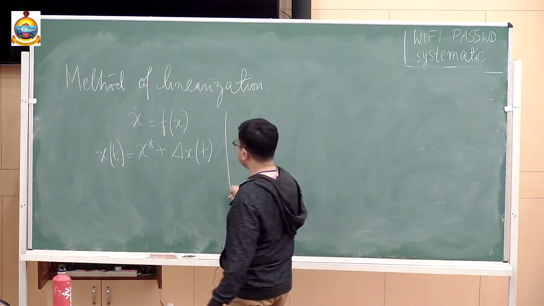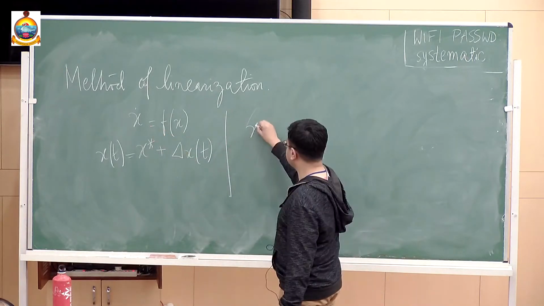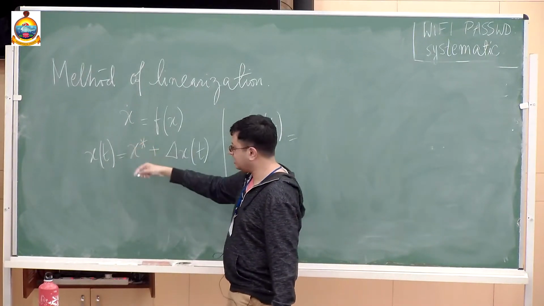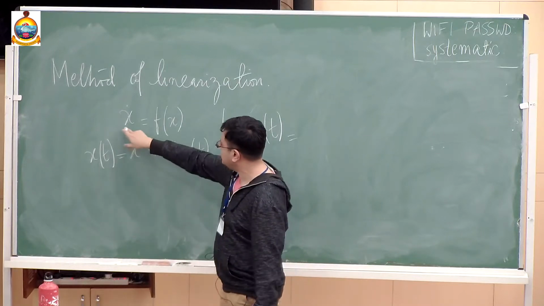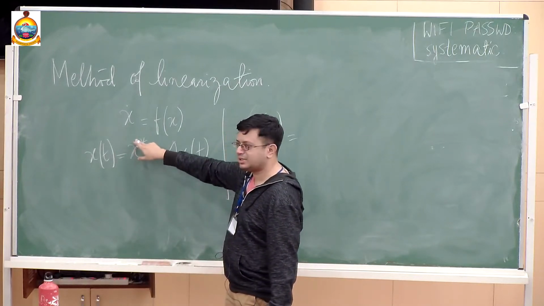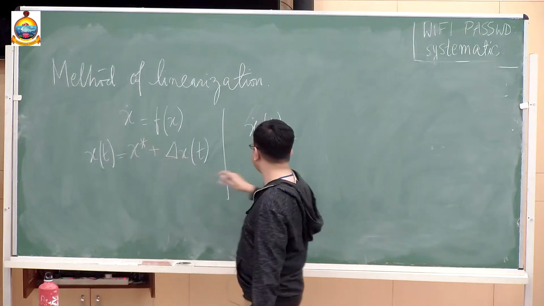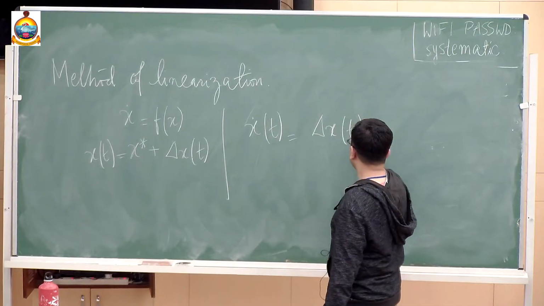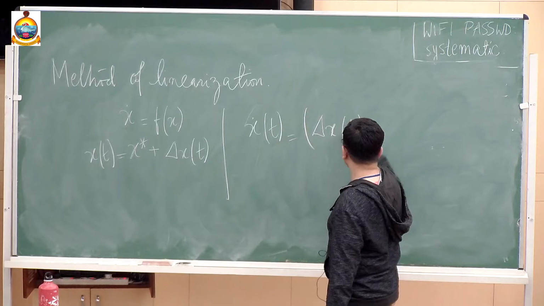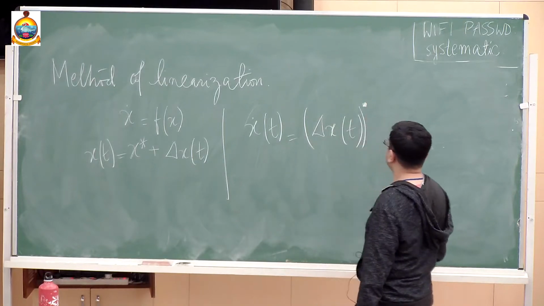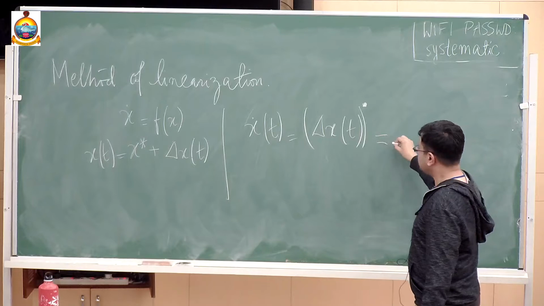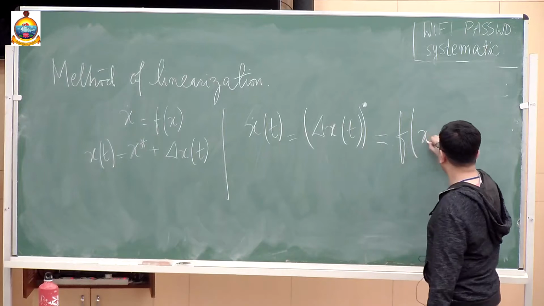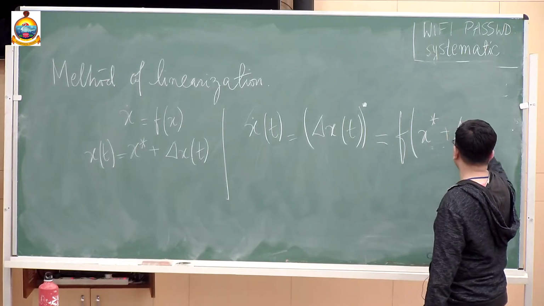So I just use these equations. I get x dot of t, that will be x star dot. Let's say I plug this whole thing on the left hand side. I get x star dot, but x star dot is 0 by definition. So I get 0 and a delta x dot. But then this should also be equal to f of x, where x is x star plus delta x of t.